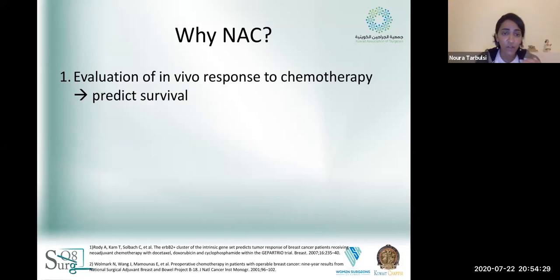If I have a patient with locally advanced breast cancer, and we said earlier their survival is low, 36 to 67%, and I give them chemotherapy and they have a complete pathological response, I can tell that patient that now her survival is as good as an early breast cancer. So giving neoadjuvant chemo to monitor response is a very valuable tool.